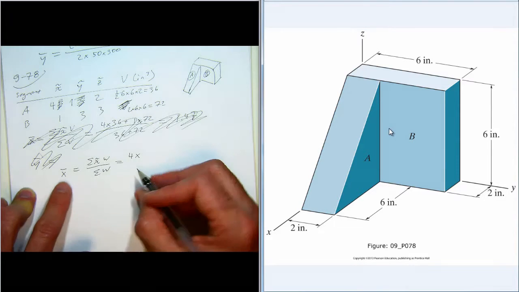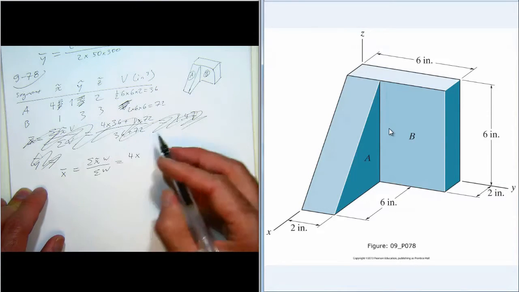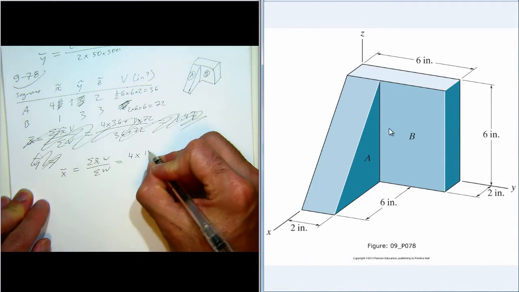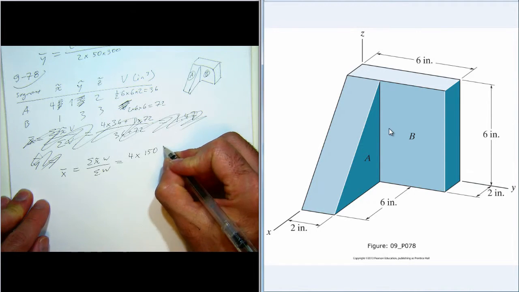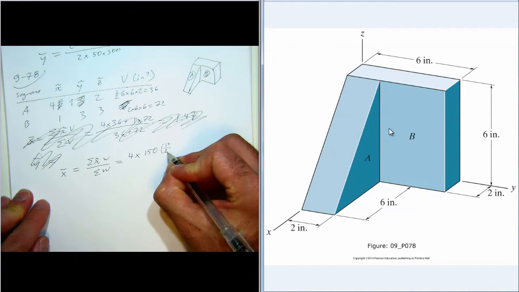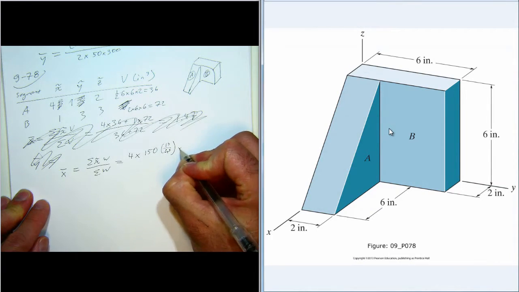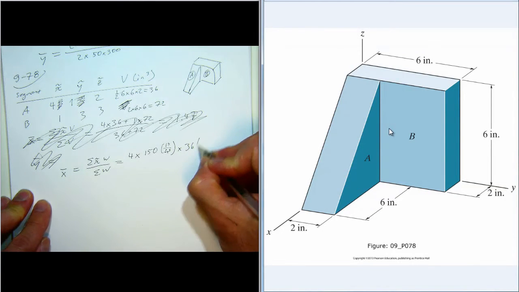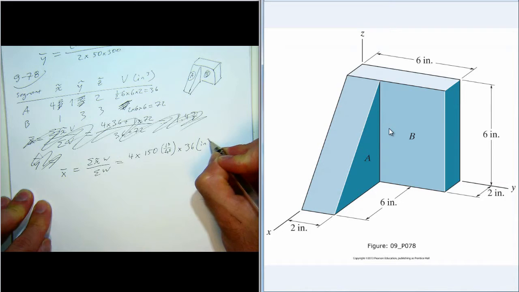So we have x tilde is 4, and for body A, the specific weight is 150 pounds per foot cubed, and the volume is 36 inches cubed.